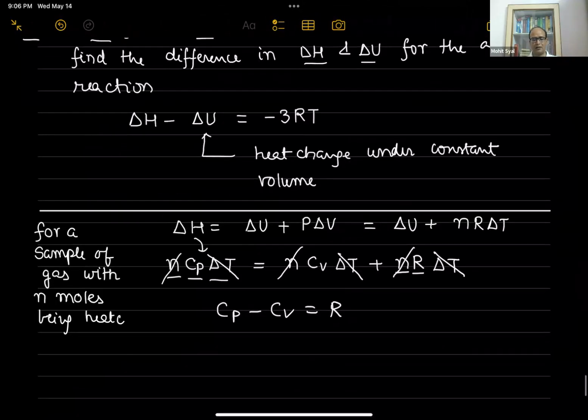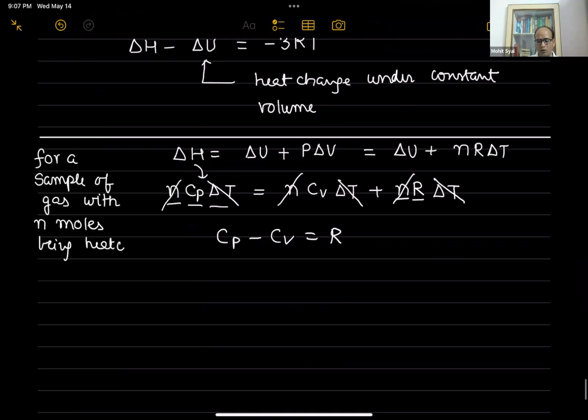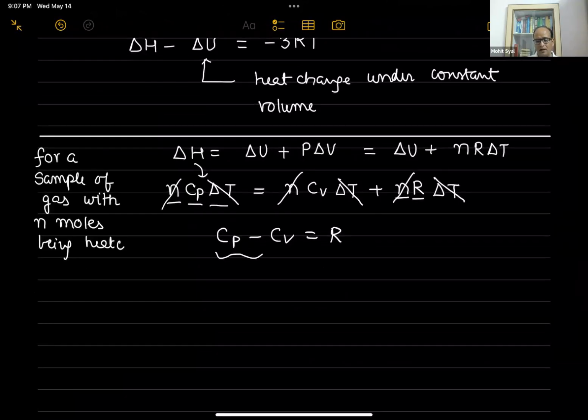Here, what is the relationship between the Cp and Cv of a gas? Molar heat capacity at constant pressure and molar heat capacity at constant volume. This is basically Cp minus Cv equal to R. R is a gas constant.